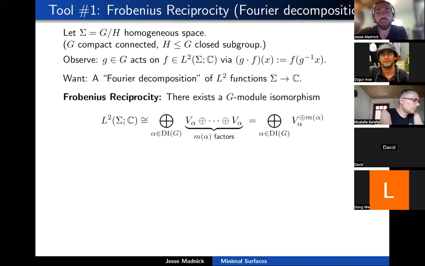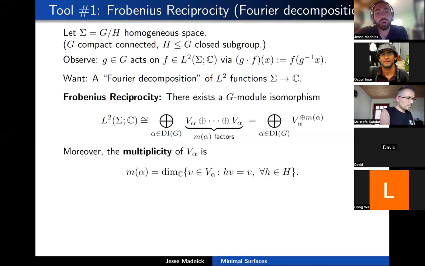Okay, so this is given by a theorem called Frobenius reciprocity, or Peter-Weyl theorem. And it says that there's an isomorphism of G modules like so. So the space of L2 functions from sigma to C is isomorphic abstractly to this direct sum of copies of V alpha, where alpha ranges over all possible representations of G. So more accurately, over all the possible dominant analytically integral elements.